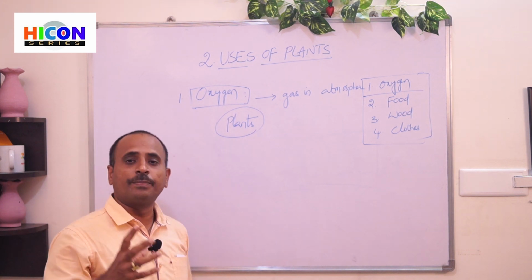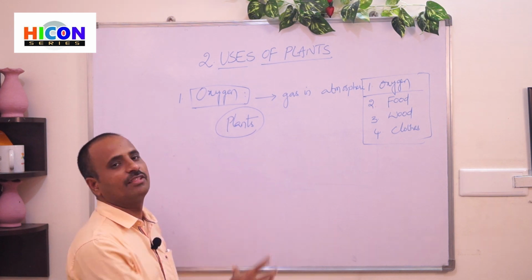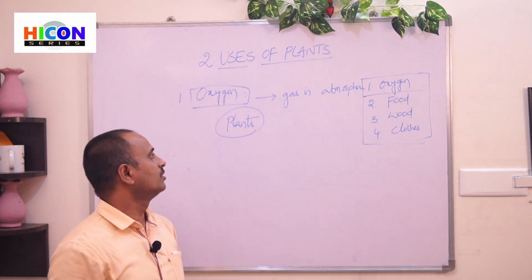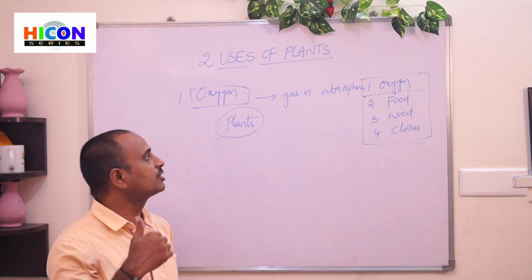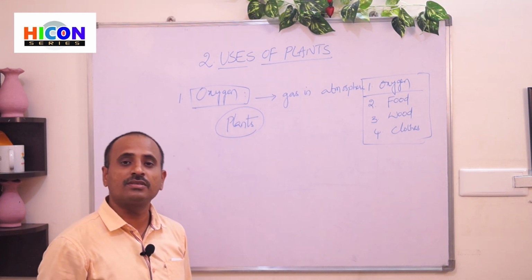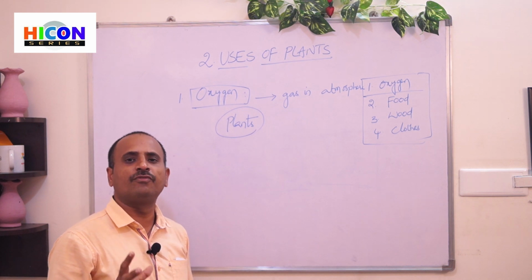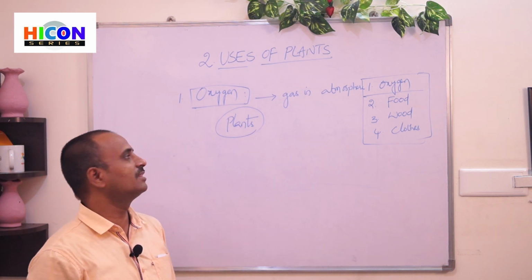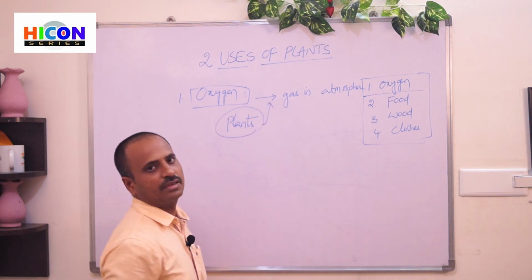The plants prepare their food by using the carbon dioxide present in the atmosphere. The plants take in the carbon dioxide and give out oxygen while preparing the food. And the process is called photosynthesis. All plants prepare their food using photosynthesis and give out oxygen into the atmosphere.